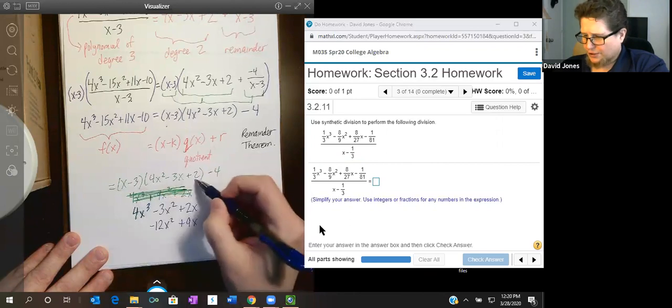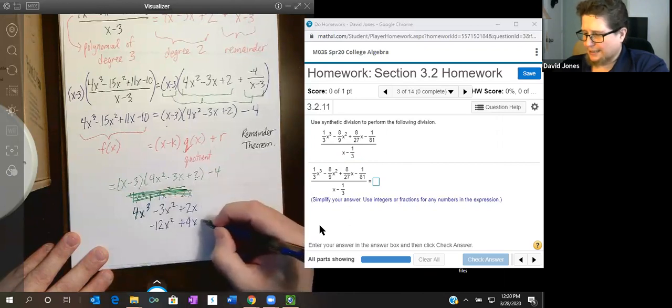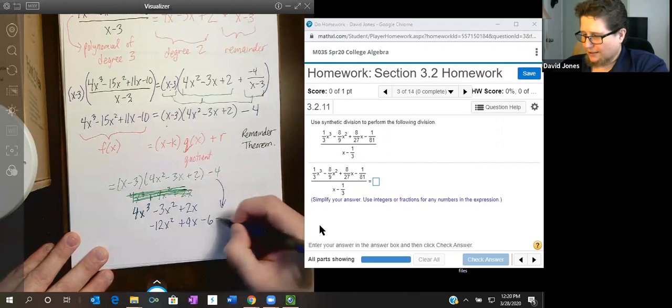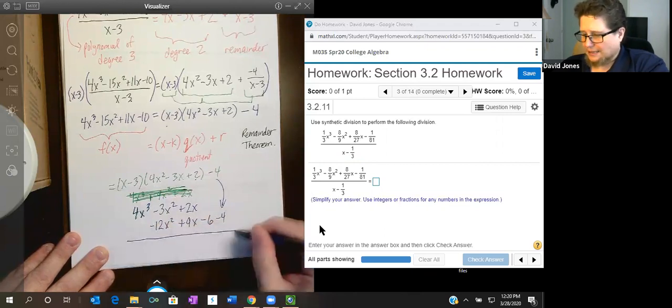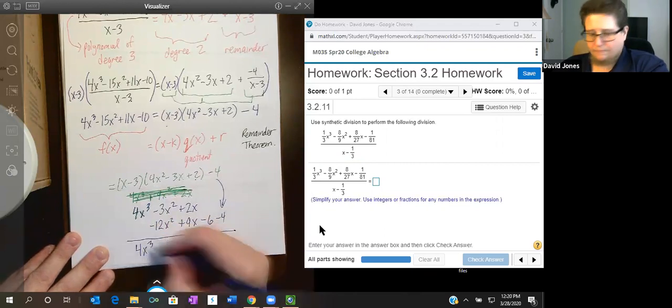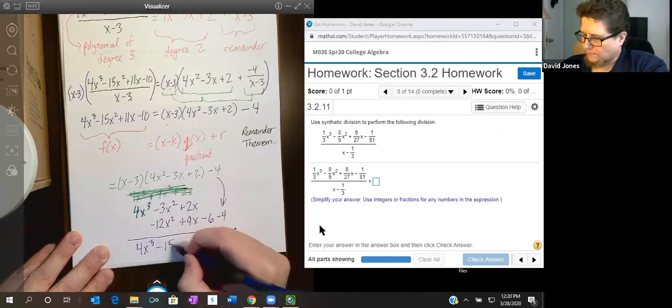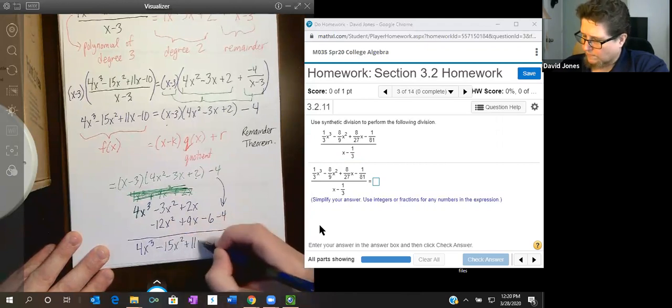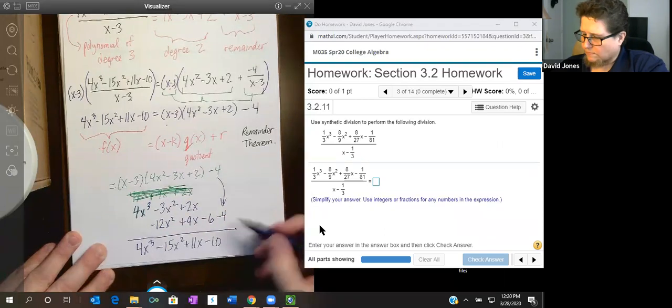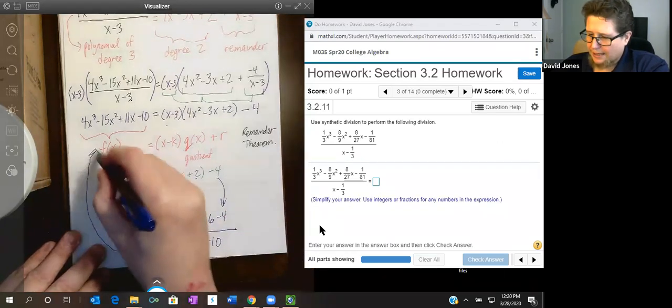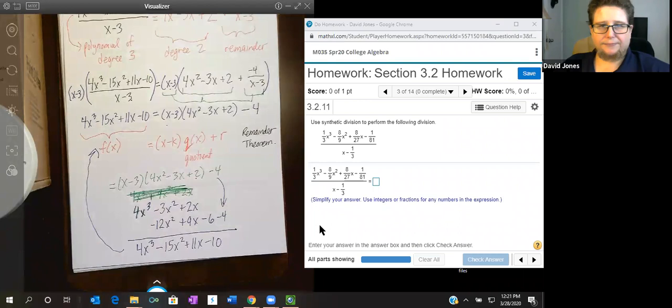Negative 3 times 2 is minus 6. And then I still have the minus 4. I add those up, which is what we got right there. So multiplying it all out, just by clearing a fraction, I can show both sides are equal.